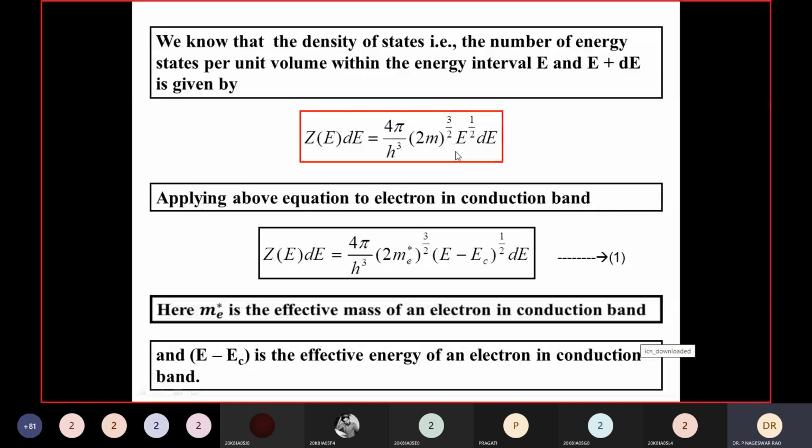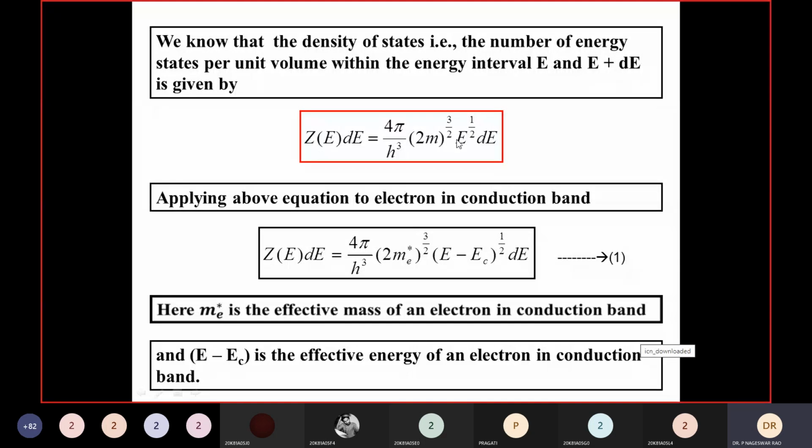In intrinsic semiconductors, electrons and holes will be there. So in place of m, we have to take the effective mass of the electron.